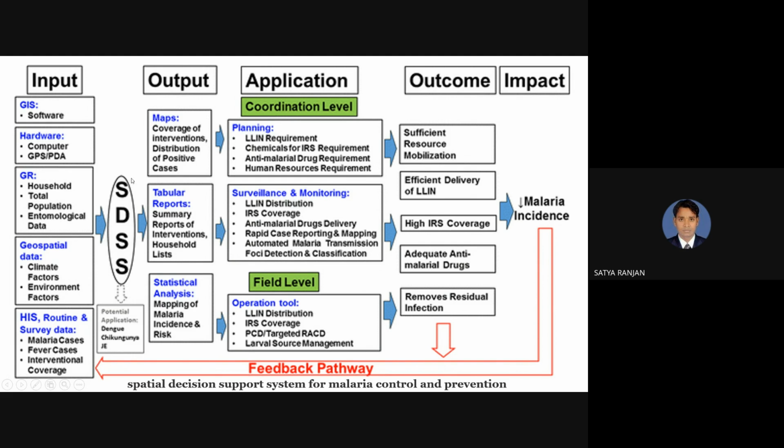So after that, there is the coverage of information, distribution of positive cases, tabular reports, statistical analysis, then planning, coordination, different applications at field level. Suppose there is a malaria prone area, then a dengue area.